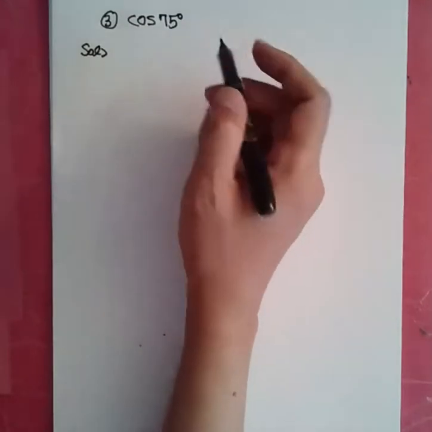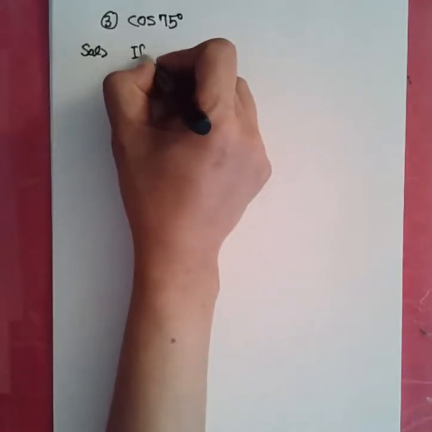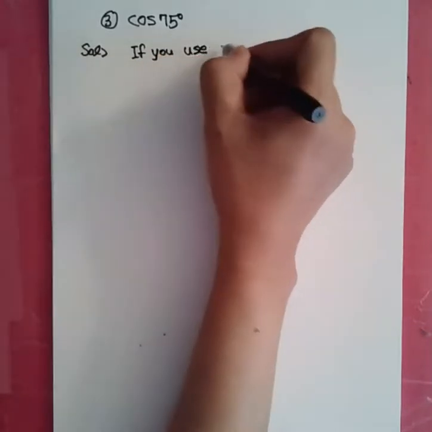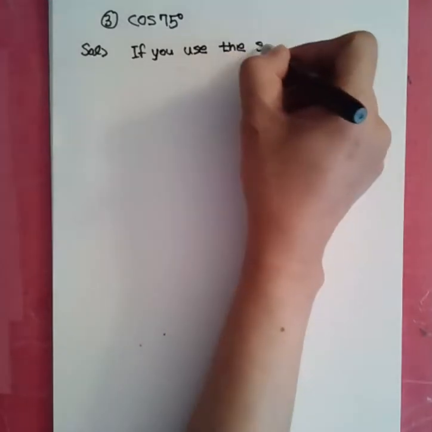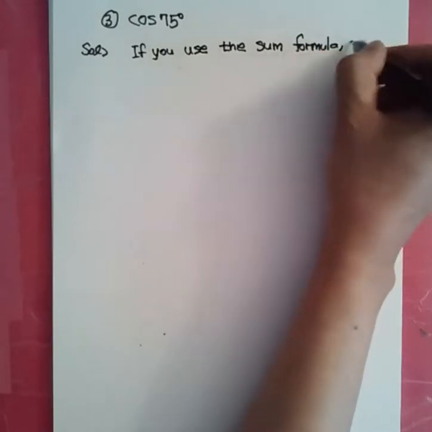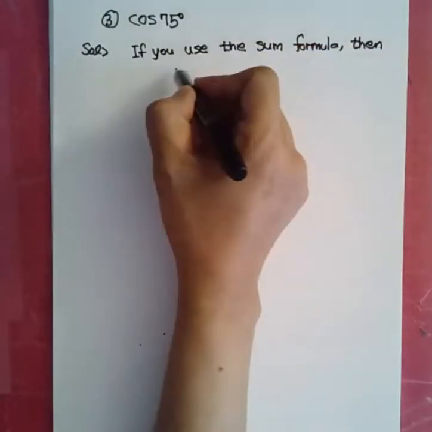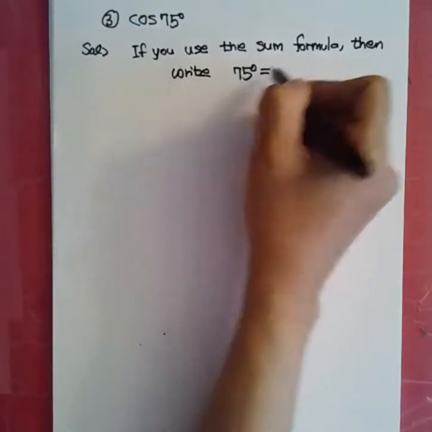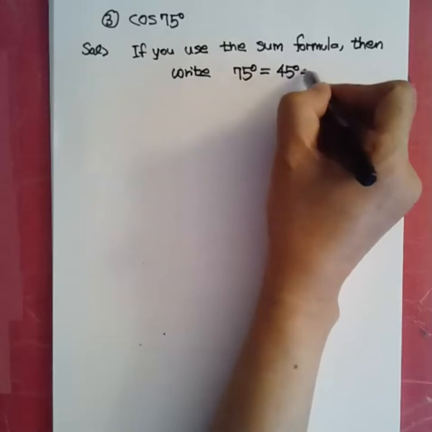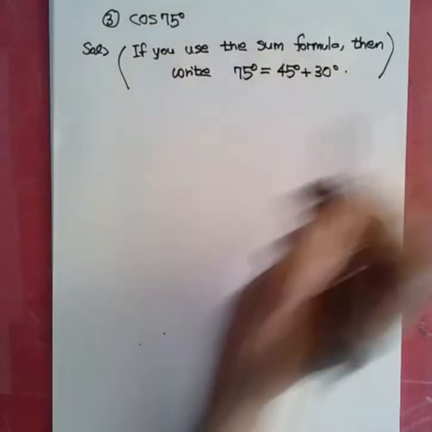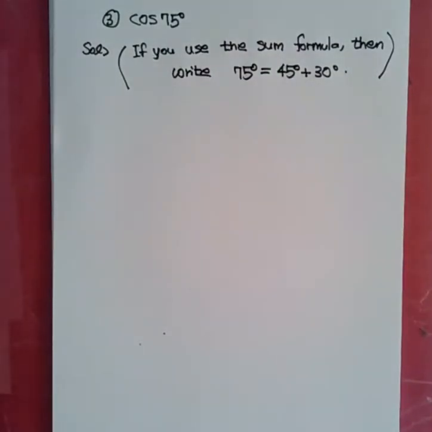If you use the sum formula, then you will use 75 degree equals 45 degree plus 30 degree. But that is not the method we want to pursue in this section. We are learning the half angle formula.